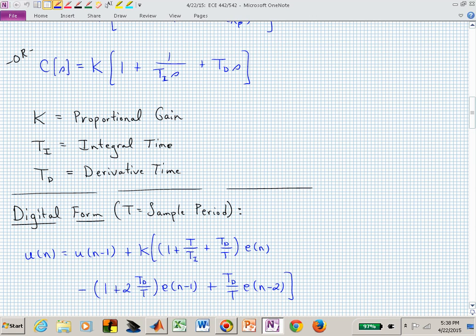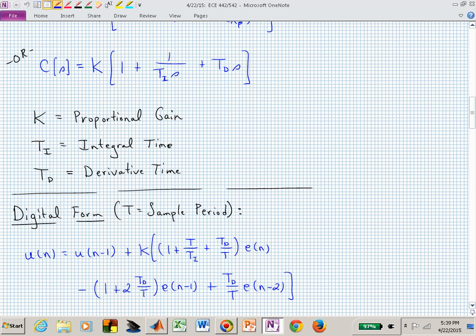This memory, that's from our integrator. That's why we simply have this U at time n minus 1. The previous input to the system is being used to produce the next input to the system at the present time now, n. And we're going to see where all of these terms come from.